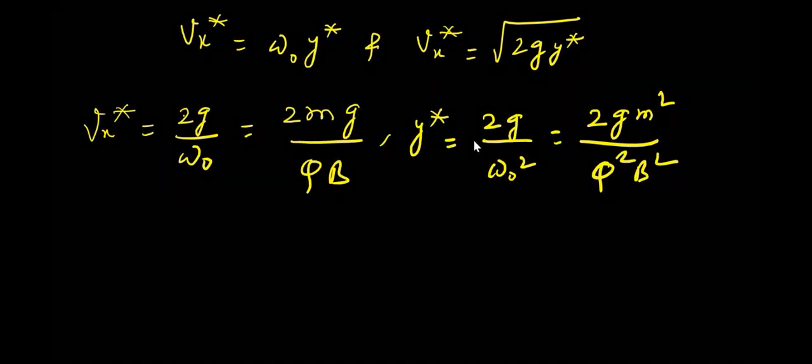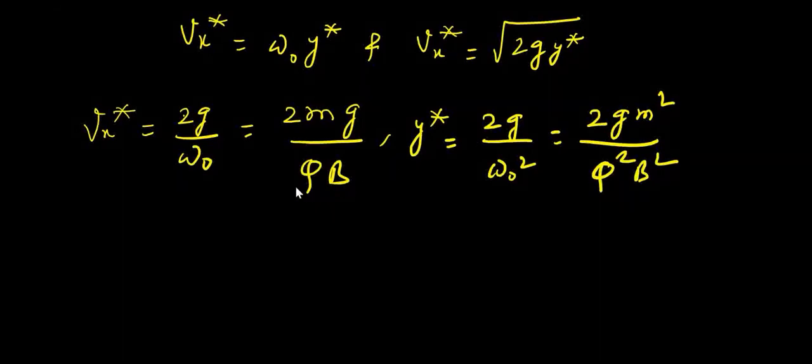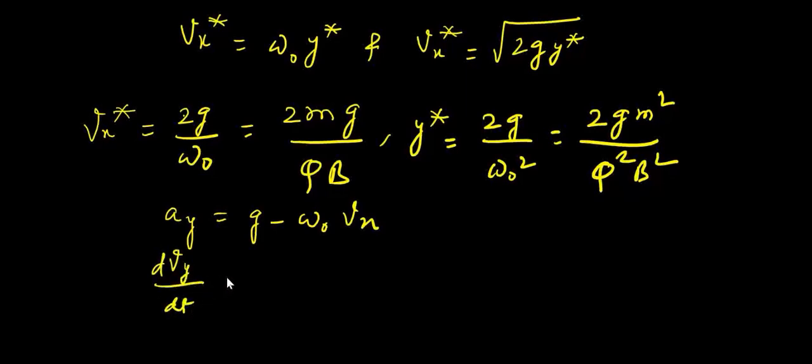First two parts of the problem have been solved. Now we can consider one more equation we obtained earlier, and that was ay equals g minus omega naught vx. If we elaborate this equation, we have dvy upon dt equals g minus omega naught dx upon dt.